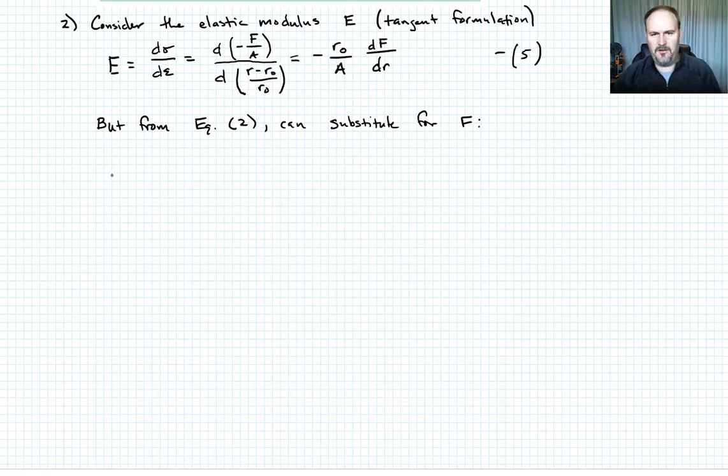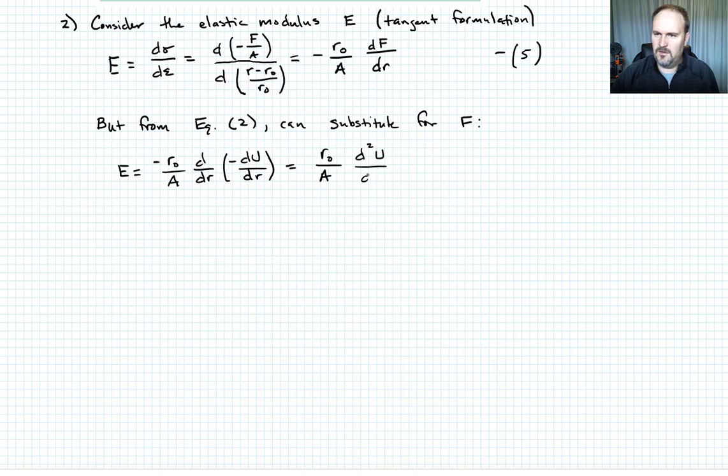So I now can write that E is equal to negative R naught over A times d by dr, and now this would be F, but F is now substituted by negative du dr. I can cancel my negatives out now, and I'm left with R naught over A times d squared u dr squared. Okay? Let's call that equation 6.